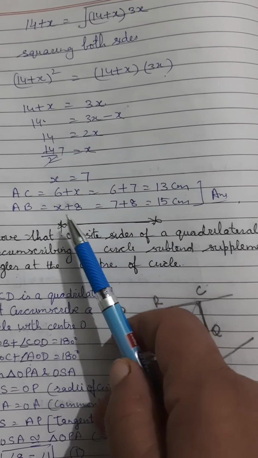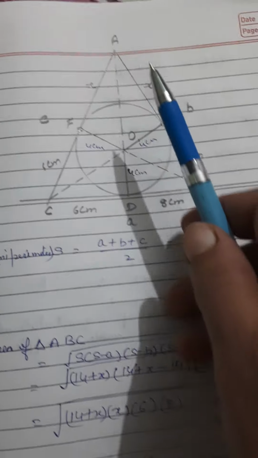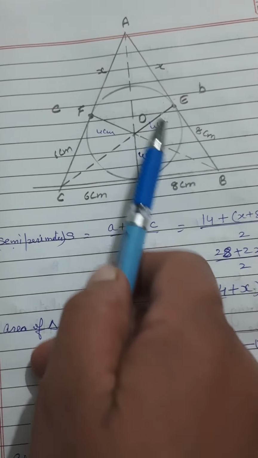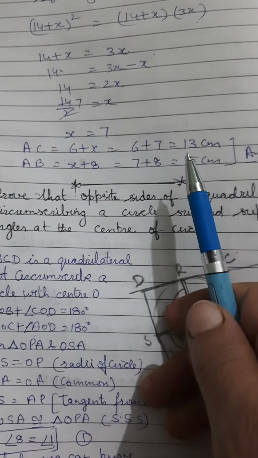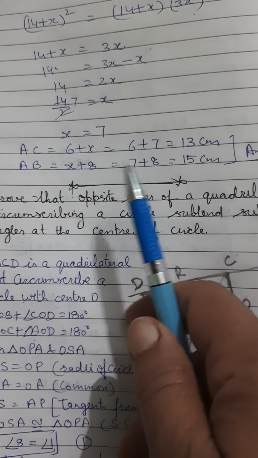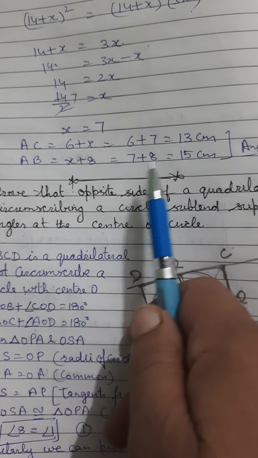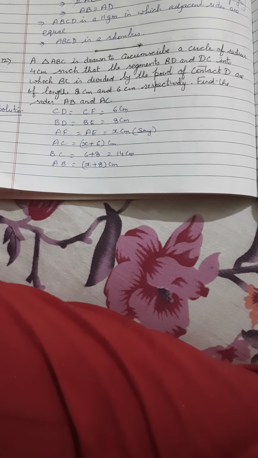Then AC is 6 plus x and AB is 8 plus x. We put the value of x as 7: 6 plus 7 is 13, 7 plus 8 is 15 centimeter. This is the solution for this question. See, this is question number 12.